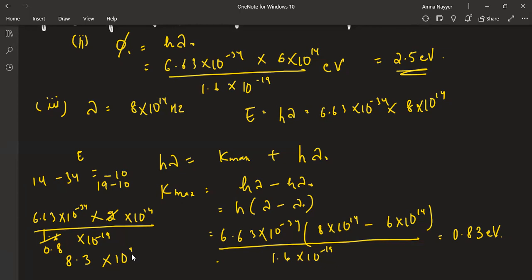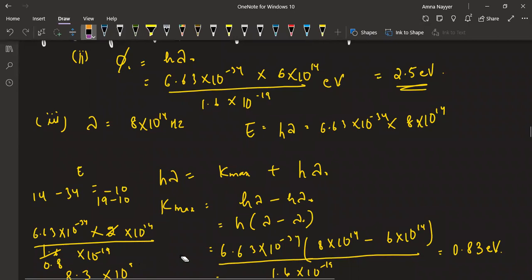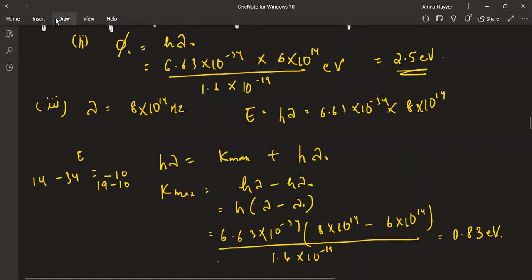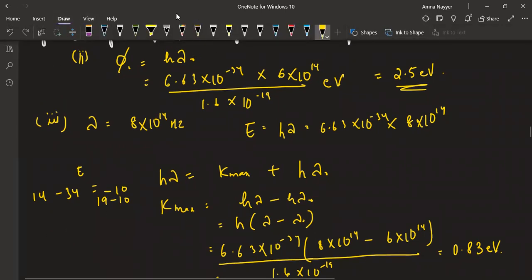Right. Now you have already converted to 8.3 into 10 to the power 9. This is in terms of electron volt. So once you solve this, this is 0.8.